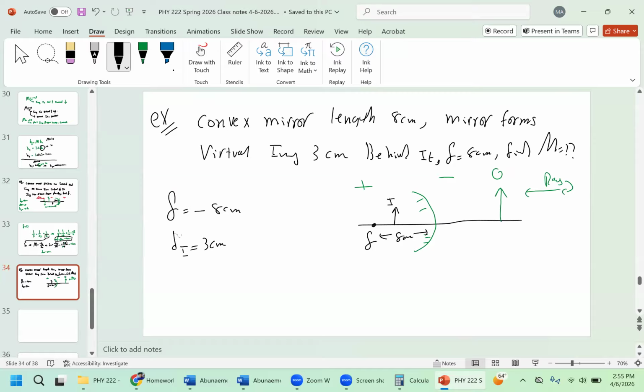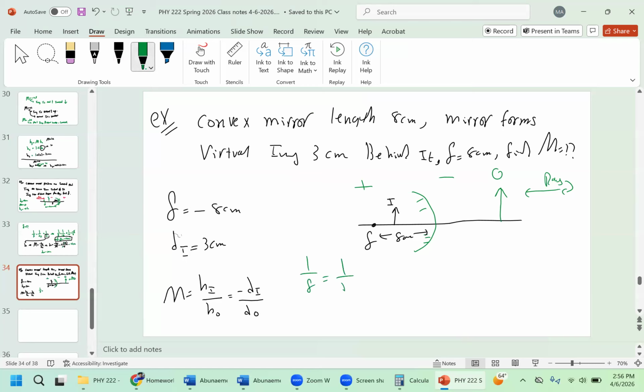In order to find M, we need HI over HO, which is minus DI over DO. We have DI and we have the focal length, but we do not have DO. So we need to find DO.